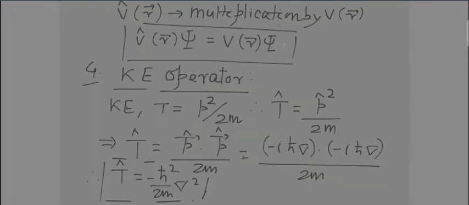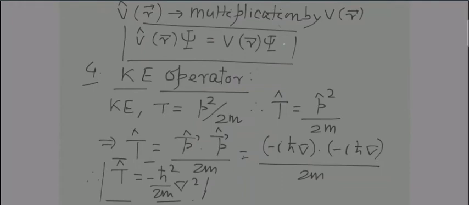We have assumed that, and the spin is not taken into account. So clearly this formula T equal to p square over 2m will hold good for kinetic energy.